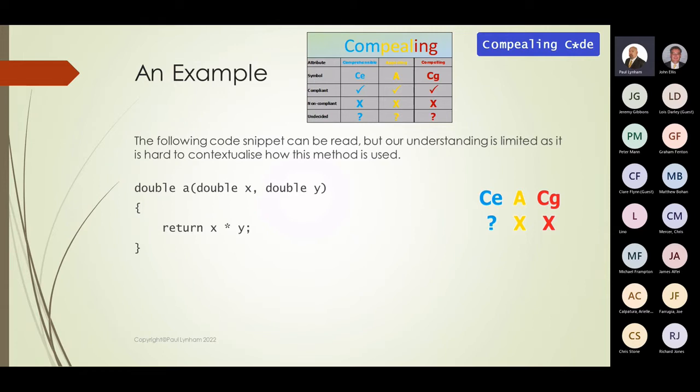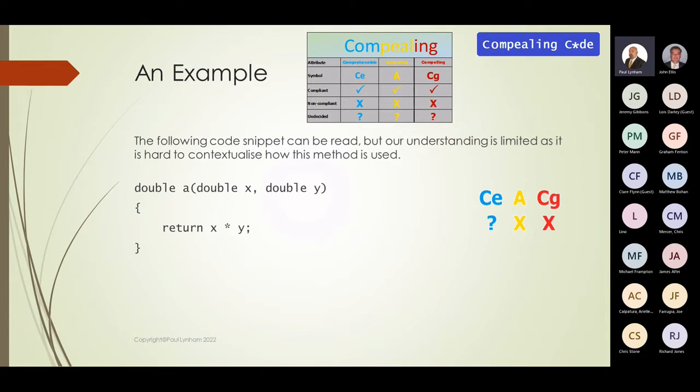So to start off with, I've got a small snippet of code. As you can see, it's a function. This function's called A, and it returns a double, and it takes two parameters, X and Y, and then it returns the product of those two parameters. Now, at this point, we look at this and we can understand some of it, but we can't understand all of it.